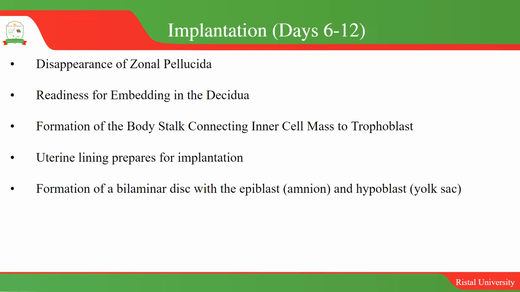And then you also have formation of the bilaminar disc, which we earlier on talked about, the epiblast and then the hypoblast. It is the epiblast and the hypoblast that will form the germinal layers. And the germinal layers are the ectoderm, mesoderm, then the endoderm. And these are the three that give rise to the body structures. That's what we have talked about.